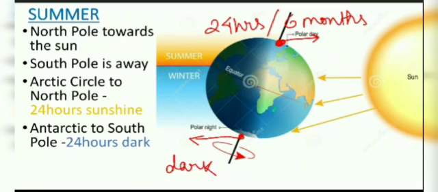You can see in the picture, this is the equator, and most of the regions of the northern hemisphere are receiving sunlight. Therefore we have summer, and only a little portion of the southern hemisphere is receiving the sunlight. Therefore we have winter.